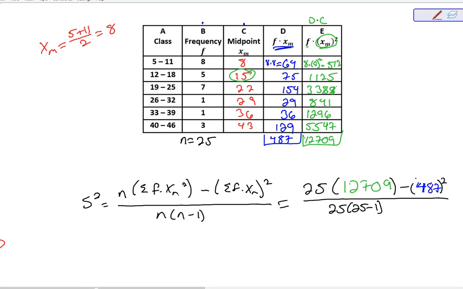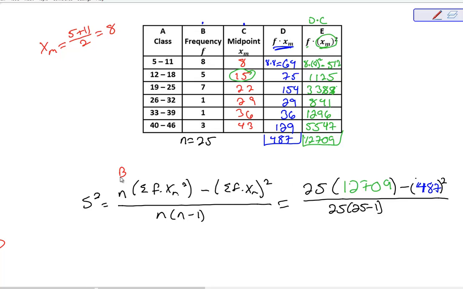So notice that it's column B times column E minus D squared, divided by B times B minus 1. And sometimes I'll put it on there that looks like this.